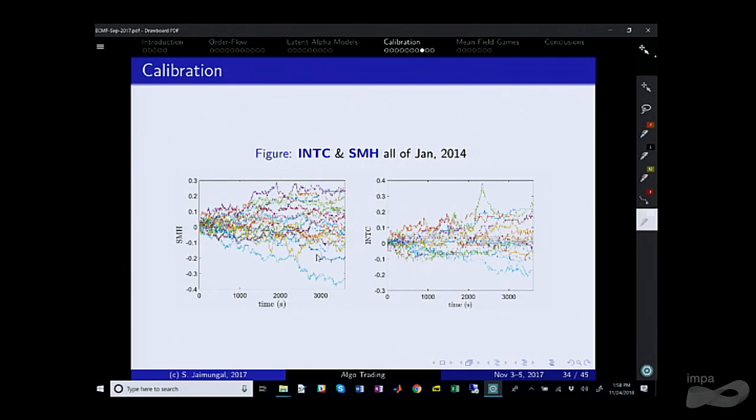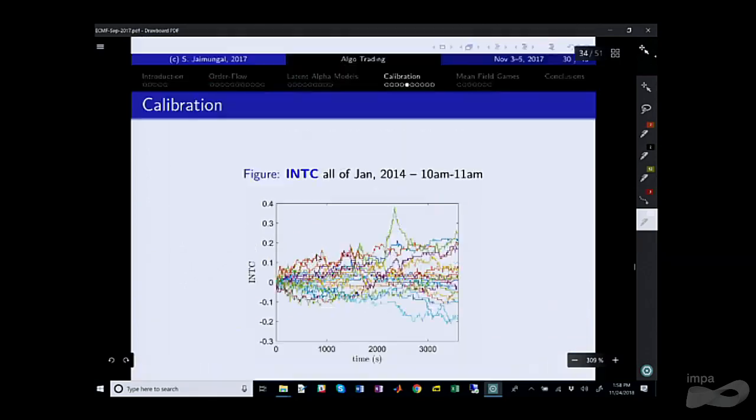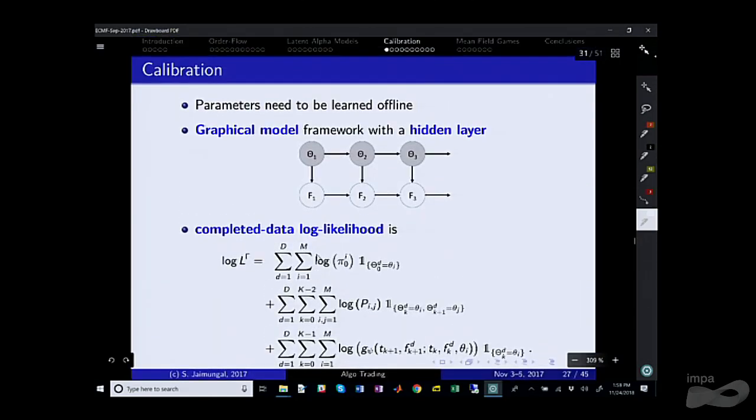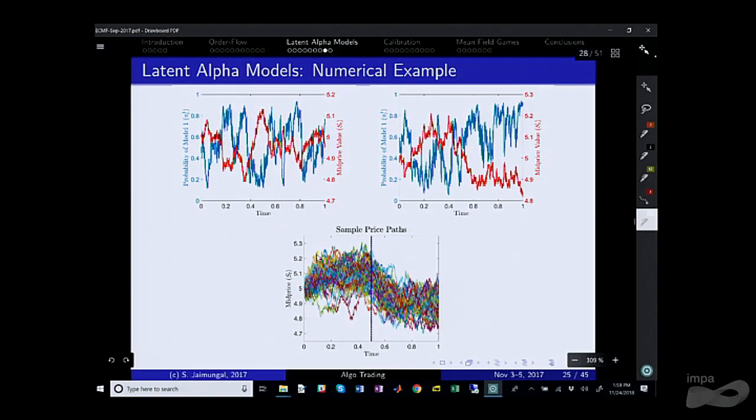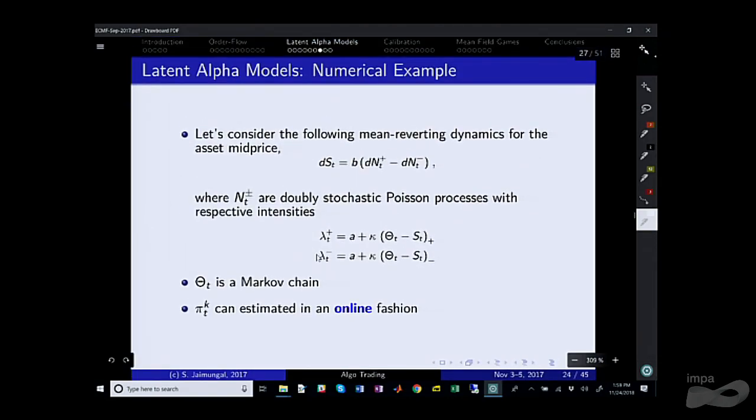So what we've done is we said, let's use our same old model like this, except N plus and N minus are now 2-dimensional. You have jumps up for Intel and SMH, and down for Intel and SMH. The intensities for these two processes again have the same form, but you have an intensity now for Intel and for SMH, and the same latent factor drives them.